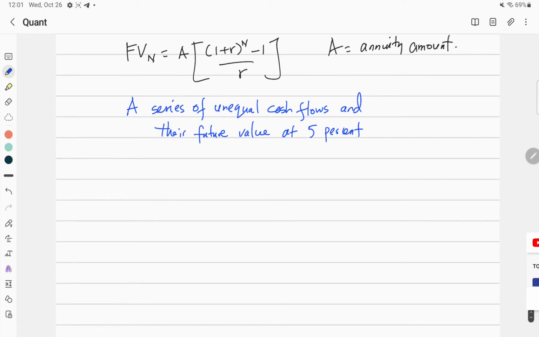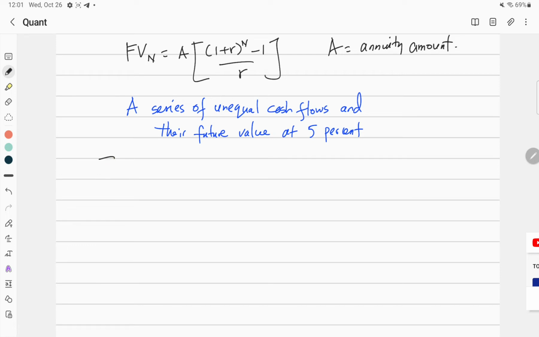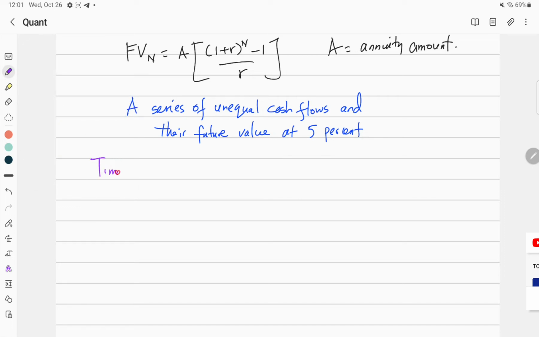So let's say we have time here, we have cash flow here in dollars, and we have here future value at year 5. Let's say we want to calculate the future value of the annuities at the end of the 5th year.